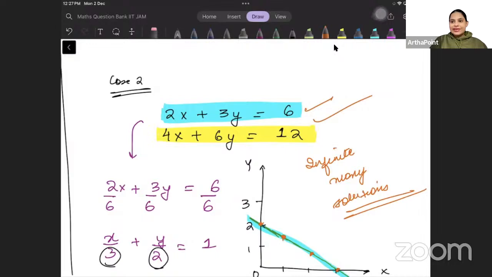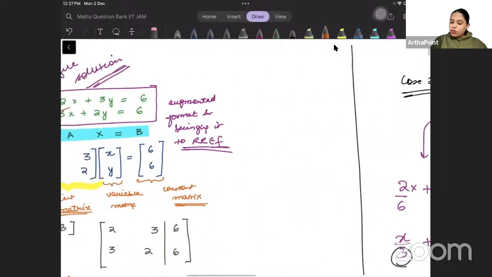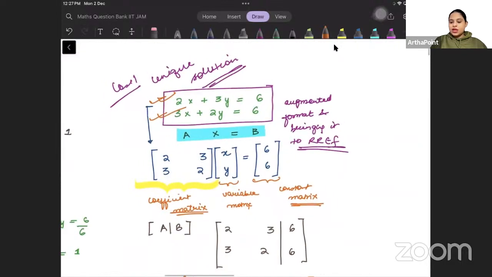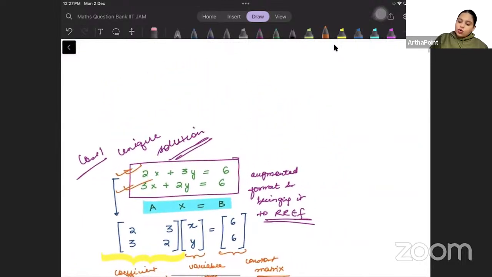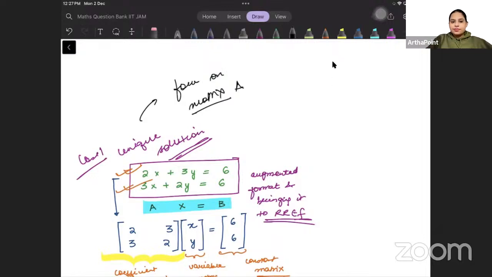Now let us try to see some additional things here. If I go back to case 1 and I only focus on matrix A, what do we notice here? What do we find out in matrix A?